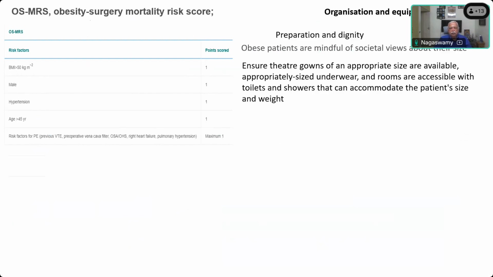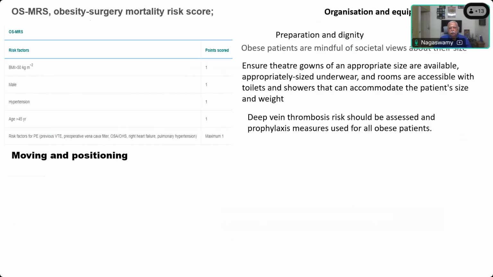Your normal theatre gowns given for regular patients may not adequately cover them. So you must make sure that the hospital provides good theatre gowns for them to wear without being partly exposed. Appropriate size gowns should be given, thrombosis risk should be frequently assessed, and prophylactic measures should be taken.